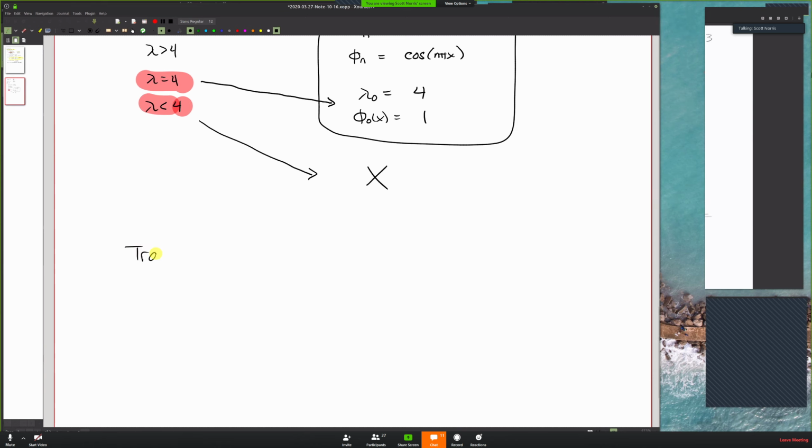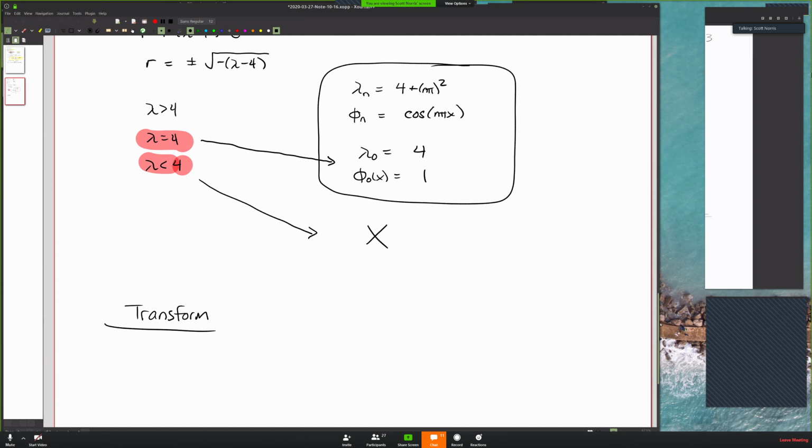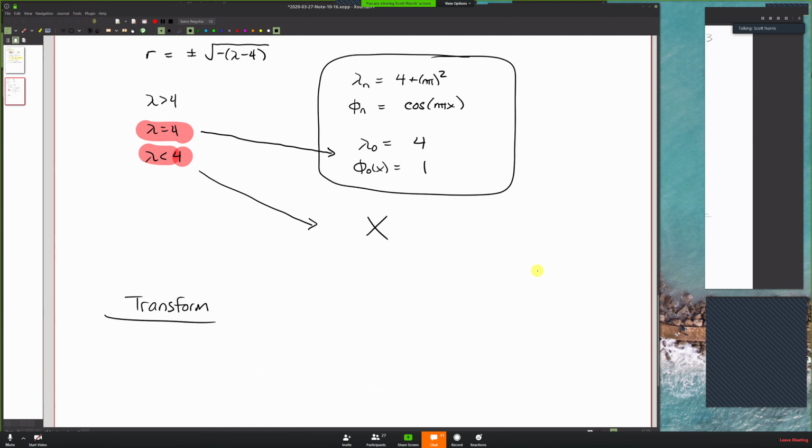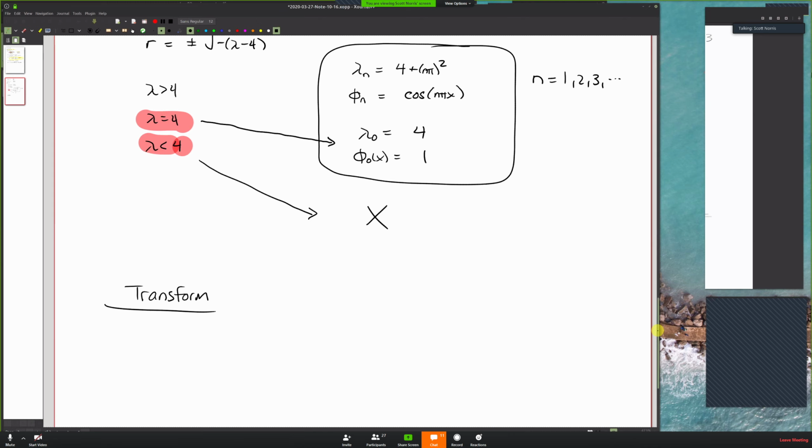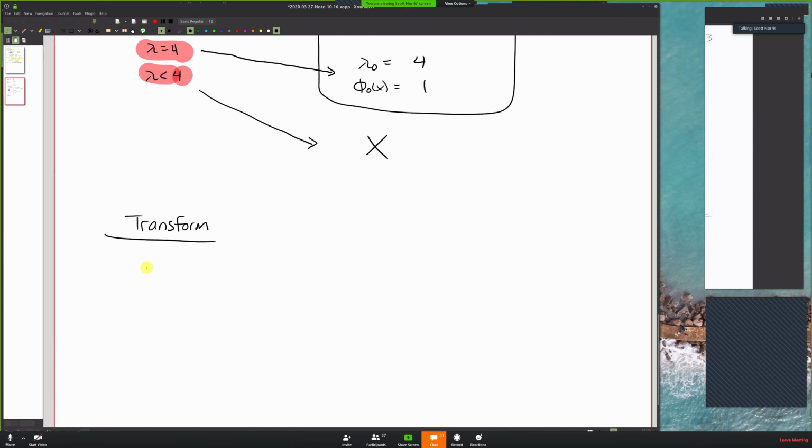What is the transform? The transform you have to do in 2 parts to reflect the fact that we have 2 families of eigenfunctions. One of those families is infinitely large in size, and one of them is just 1 unit large in size. But nevertheless, we have to do this.